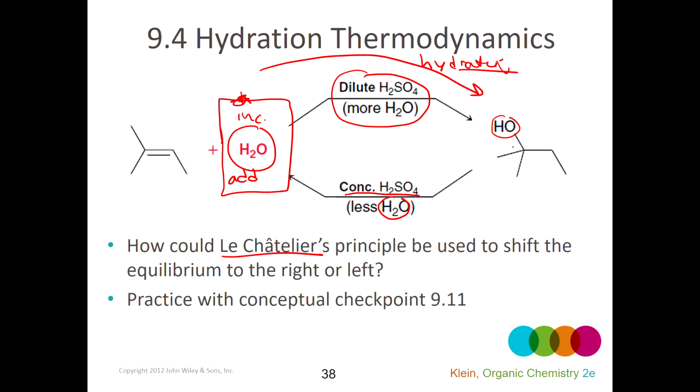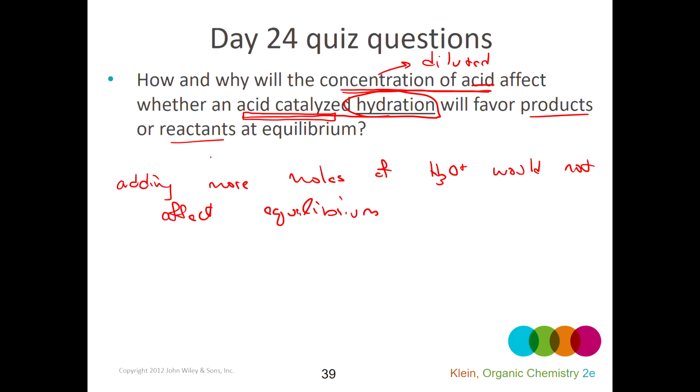Adding more of the catalyst is not going to shift it either way based on Le Chatelier's principle. It will help me get to equilibrium sooner, but it won't shift equilibrium and produce more products or more reactants once the equilibrium is formed. So we're not talking about adding more or less catalyst here.